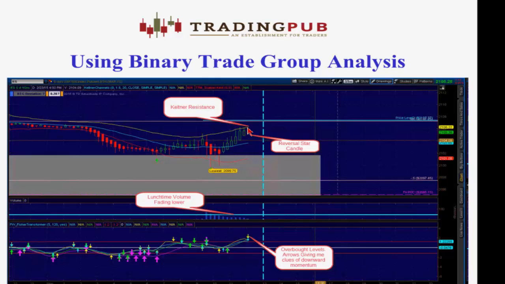The market is moving up through the top or bouncing off the top Keltner resistance channel. There's a reversal star candle in place. Lunchtime volume is fading, is declining going into this period. And the Fisher transform is starting to move into overbought and giving some signals that a reversal is imminent. So this is information that he provides traders for his group, and it's really good information.